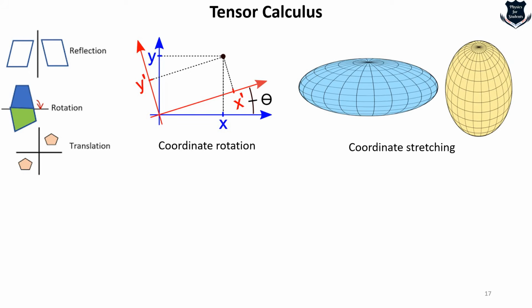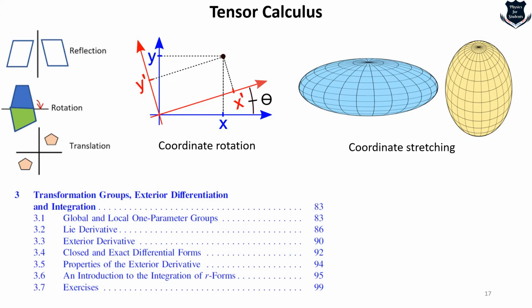So let us understand that the key idea is that physics should look the same no matter how you stretch, rotate, or do anything with the coordinates. That is the reason we find transformation groups. Exterior differentiation and integration give us the mathematical tools to describe quantities like flux, circulation and conservation in curved spaces.